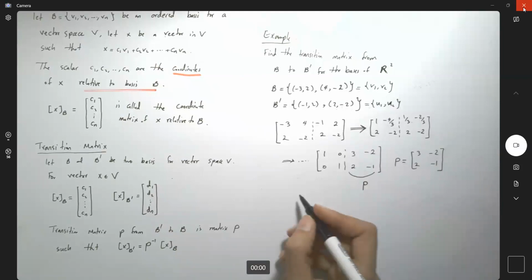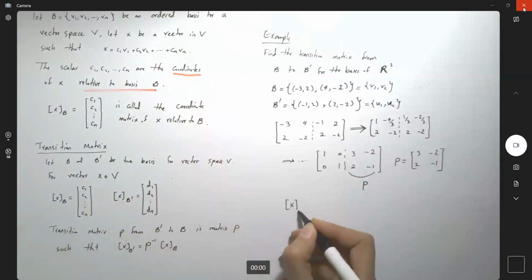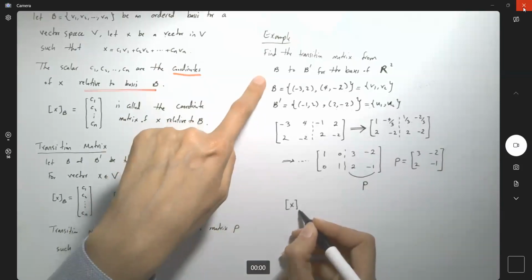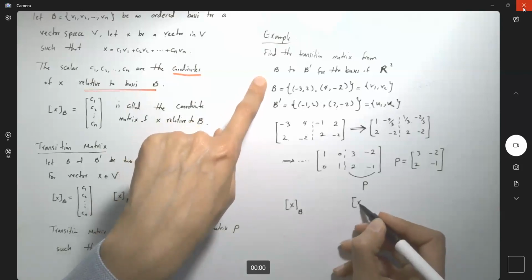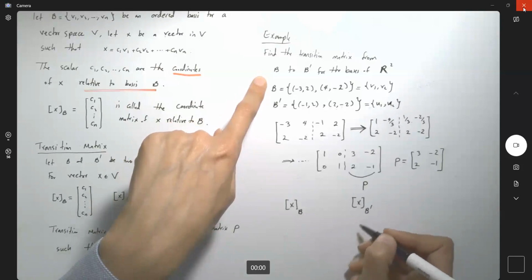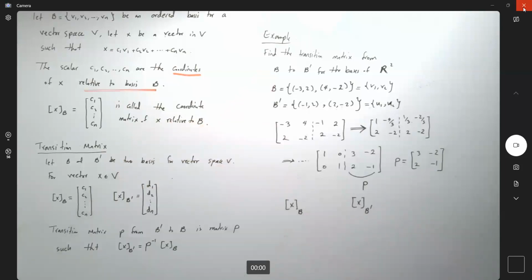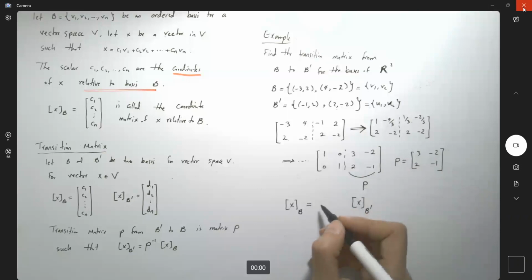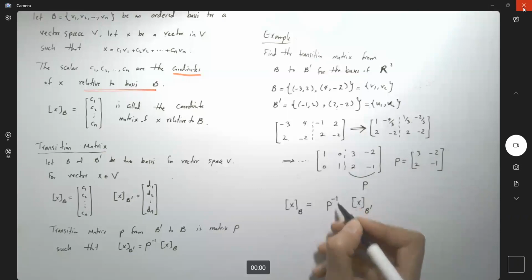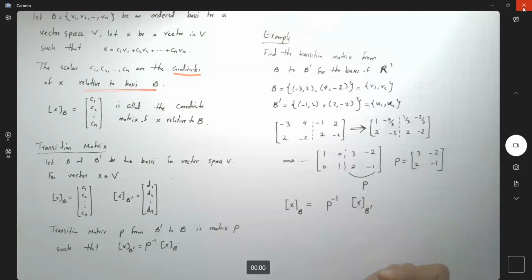Again, if you write down the coordinate matrix with respect to B and the coordinate matrix with respect to B prime, this one is equal to the inverse of the transition matrix times the coordinate matrix relative to B prime.